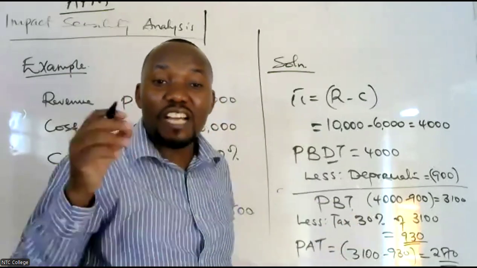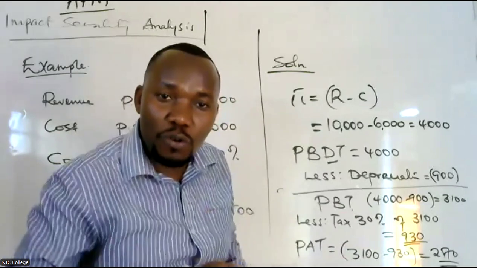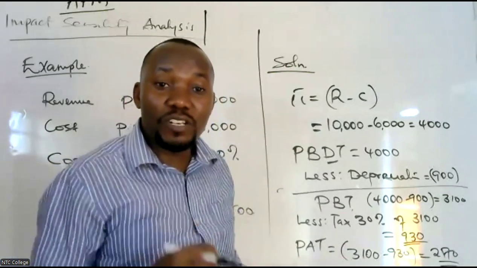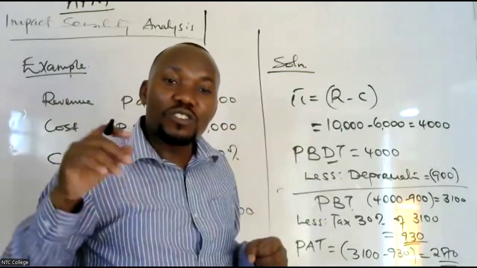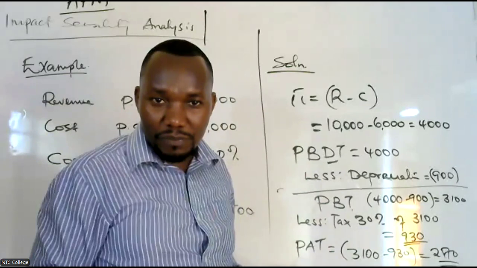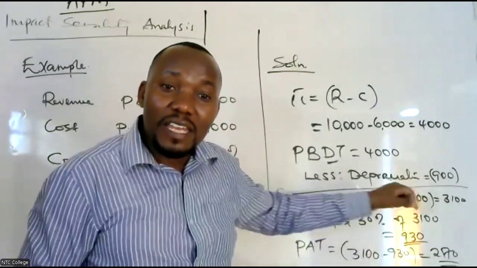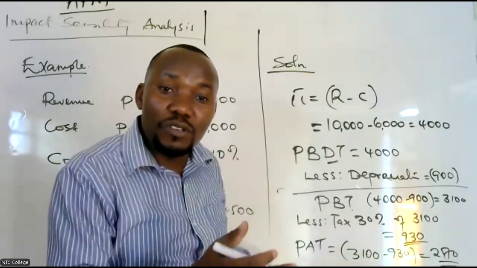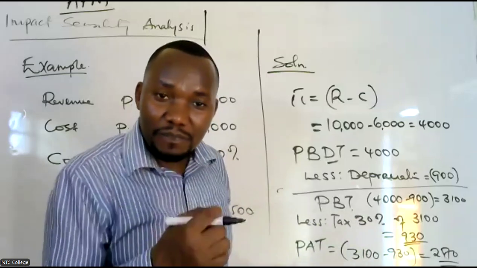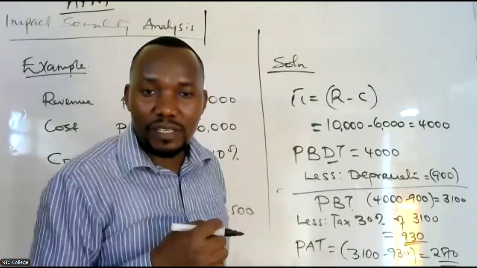So depreciation is not actual money that has left. We are talking about flow of money, cash flow, money that has actually gone out. So depreciation is just an imaginary figure that we normally use, but it's not actual money that has left the account. So it helps us to calculate the tax, then we pay that tax. The money we remain with after paying the tax, you add back depreciation, because even though we deducted depreciation, there was no money that left our account.